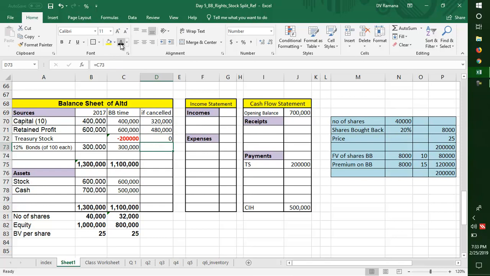No change in the bonds, because we have not done anything with the bonds, and there is no change in the sources side, no change in the stock, no further change in the cash. So therefore assets should be equal to liabilities plus equity. So what will happen to the book value? Book value of the shares, whether it is cancelled or they are held on the balance sheet as a treasury stock, the book value will be the same. Doesn't matter. For a good reader of a balance sheet, both are the same.